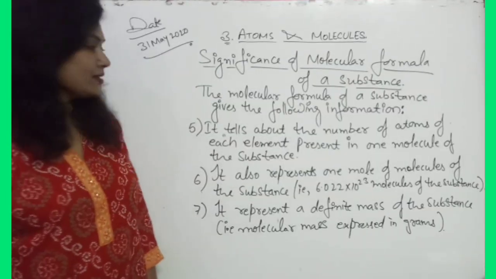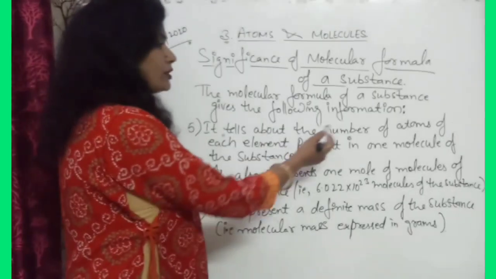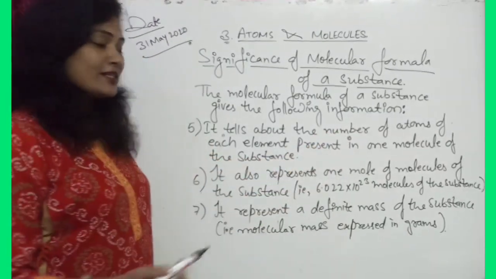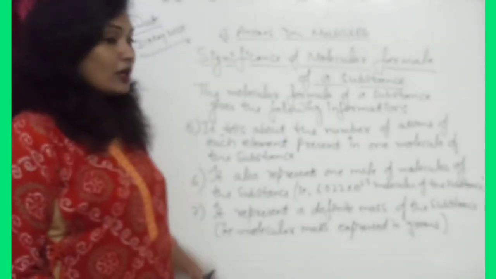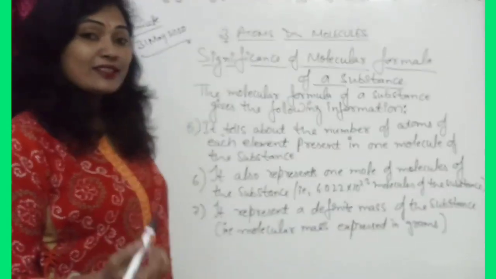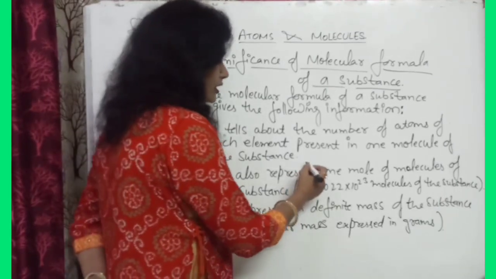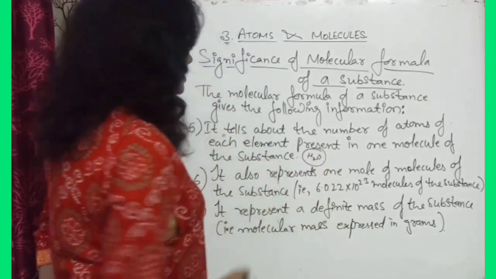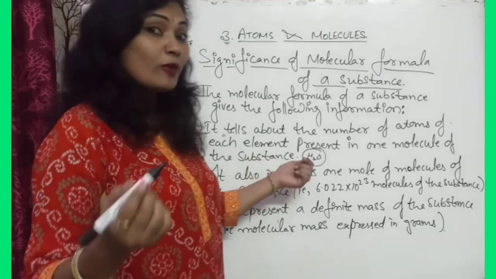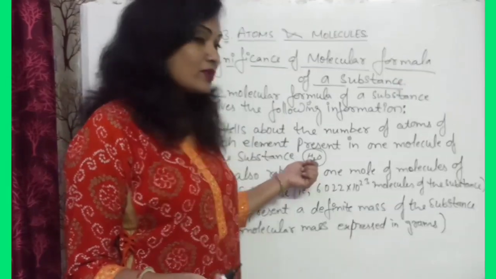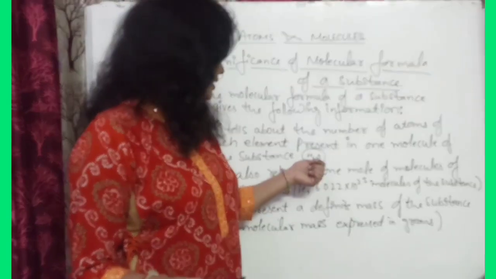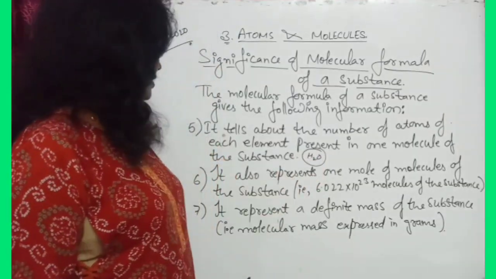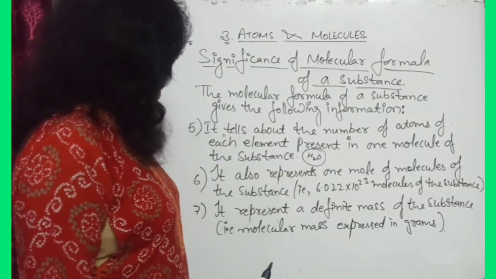Now next, it tells about the number of atoms of each element present in one molecule of the substance. If you take the example of water, how many atoms are present? 2 atoms of hydrogen and 1 atom of oxygen are present in this substance.